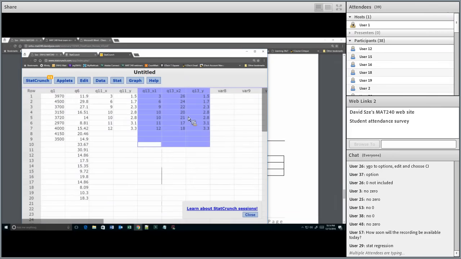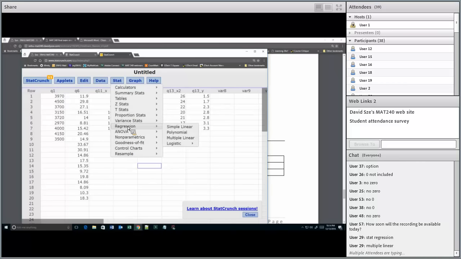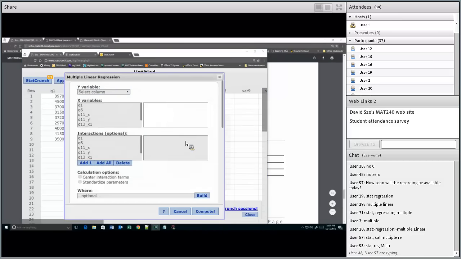Given that my data is here, this is my data. Okay, Whitney says stat, regression, and then multiple. Very good. I'm going to go to multiple linear. Excellent.